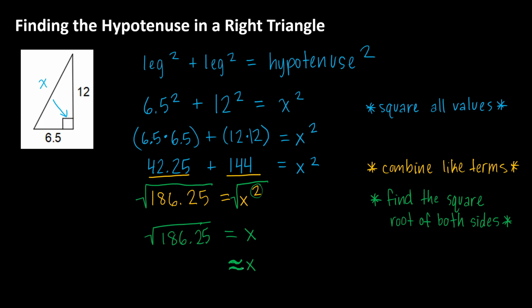So if I find the square root of 186.25, I'm going to get approximately 13.6. So x is about 13.6, which works out really well because we got a result that tells us 13.6, the hypotenuse, is the longest side of our triangle.